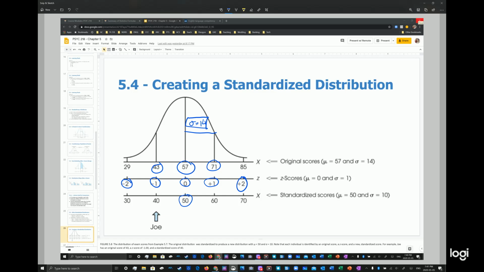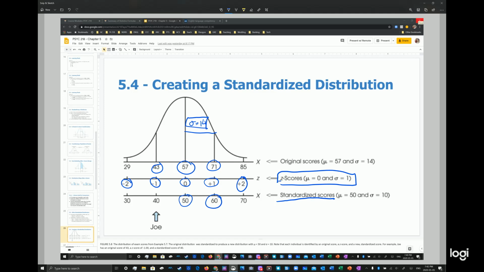scores. A standardized score here in this case gives us the opportunity, after transforming the scores into z-scores, so they're no longer original scores per se, but they're scores that we can transform into standardized scores, and you can give a new standard deviation. So instead of 14, which may be considered less rounded, that's 60, a standardized distribution would have its own standardized score with its own standardized mean and its own quote-unquote standardized standard deviation.